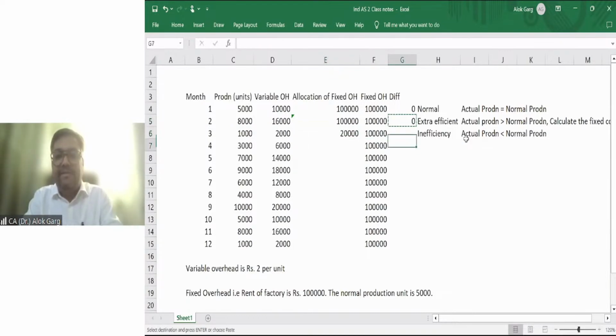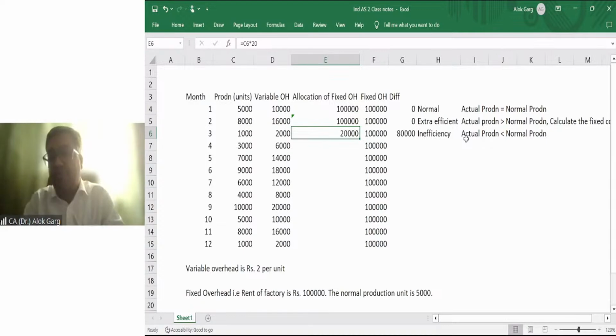Is there any difference? Yes. There is an inefficiency of 80,000. Fixed overhead is 1 lakh, but cost allocated is 20,000 only. So where will the other 80,000 go? The 80,000 will go to the P&L.